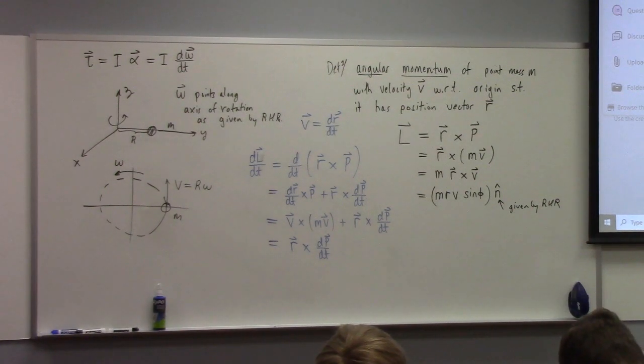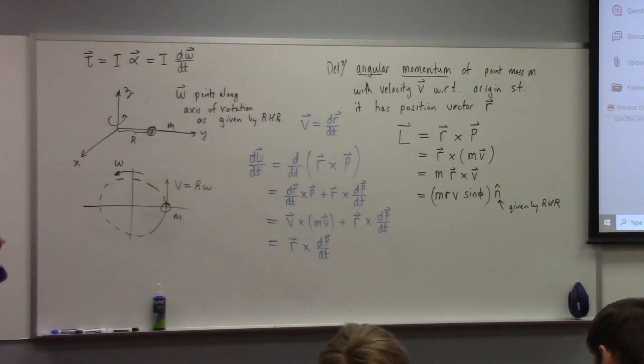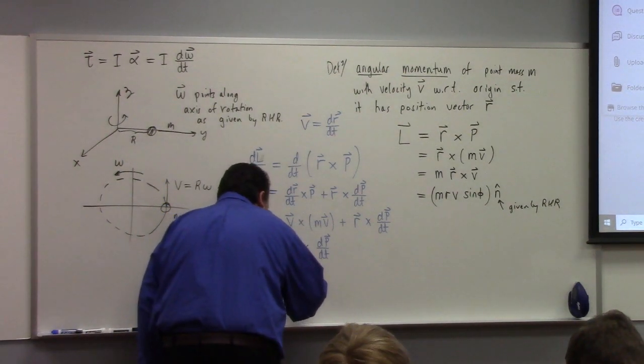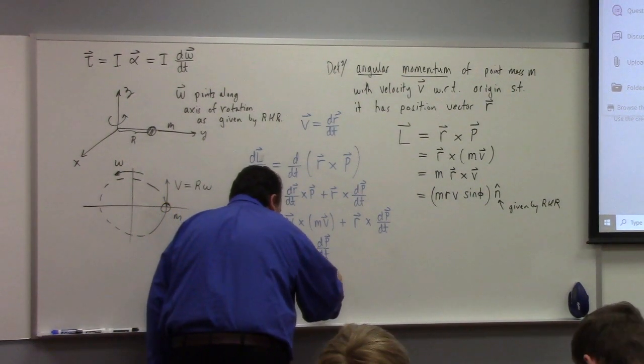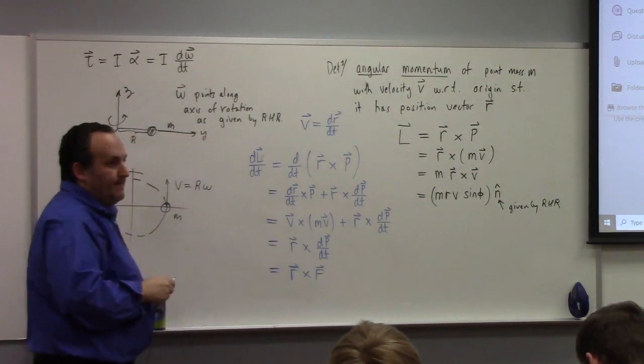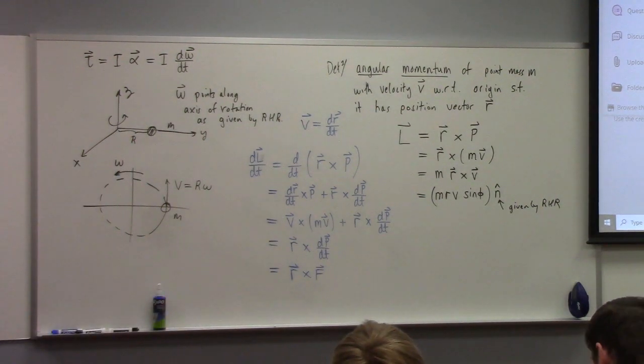Newton's second law in terms of momentum is just that the force is equal to dp/dt. So what we have here is r cross F. What is r cross F? Torque. That is torque.